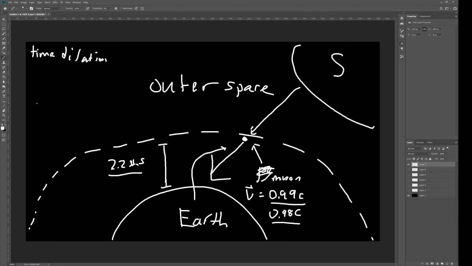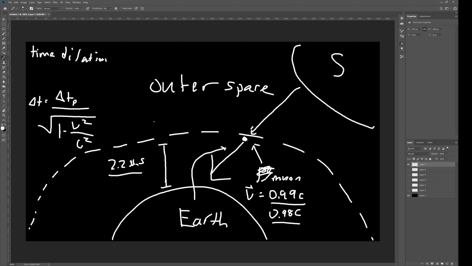And the equation for time dilation is delta t is equal to proper time, which we denote as delta t of p, over the square root of 1 minus v squared over c squared.